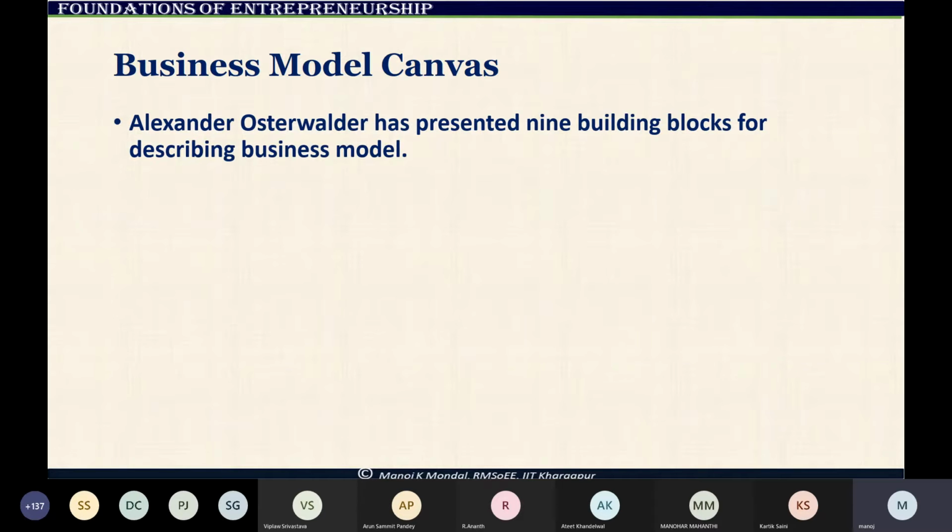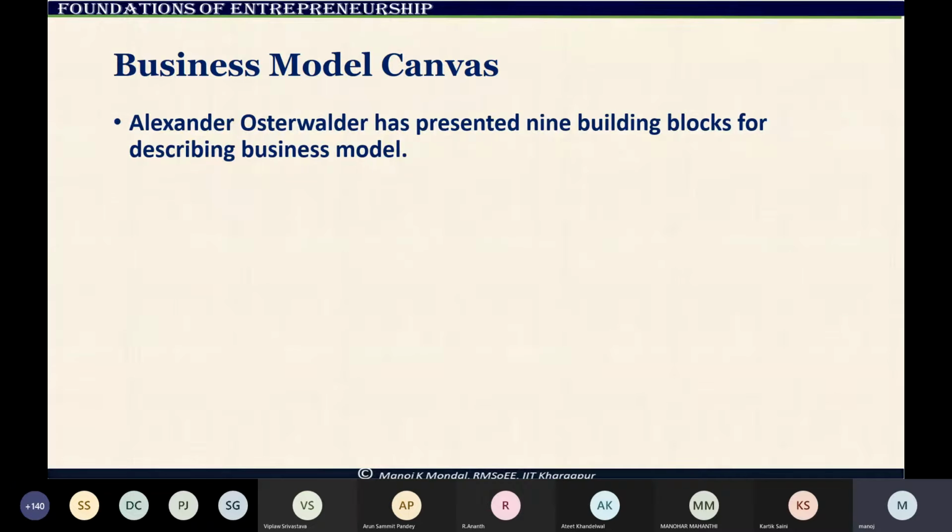If this blank canvas, not filled in, is there in front of you, then whatever idea comes to your mind, you can populate this canvas, fill in the blocks, and then you can see whether you have a competitive business model or it's just like another business model which may not sustain.